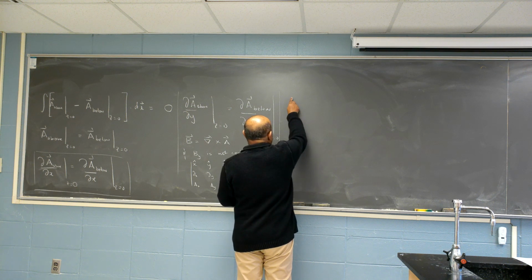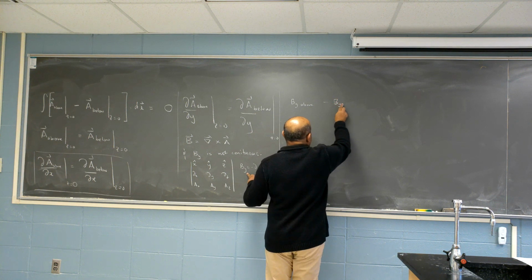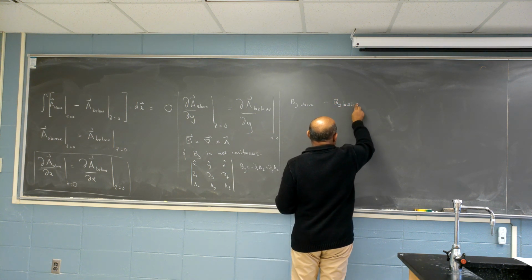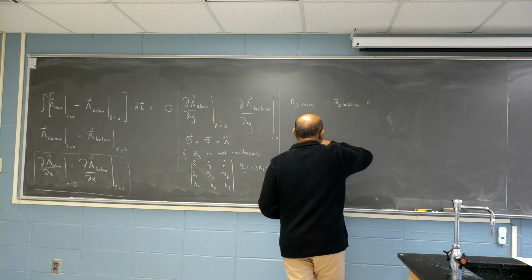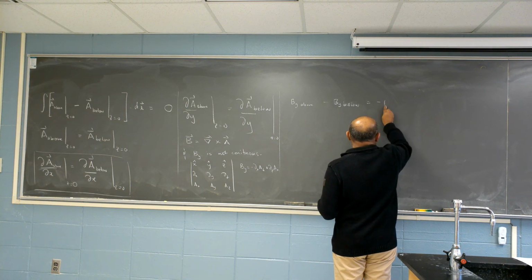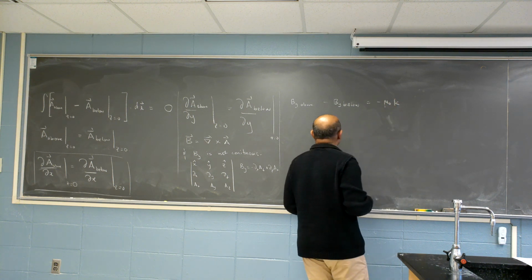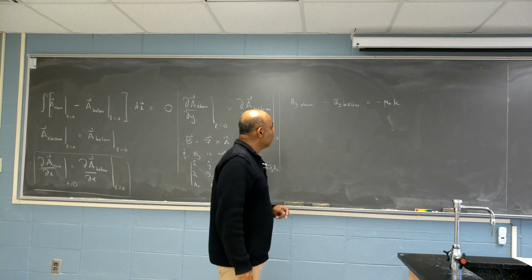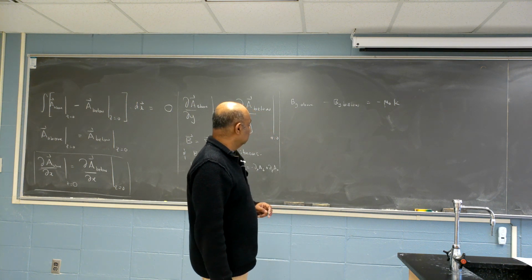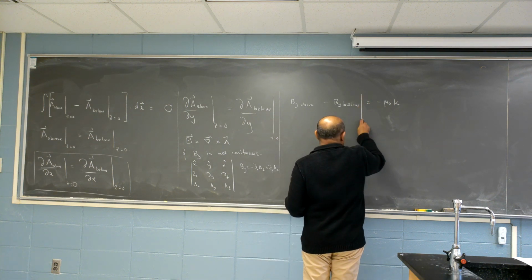So I have B above minus B below to be what? Minus mu0 k. Is that true? All evaluated at z equal to 0.